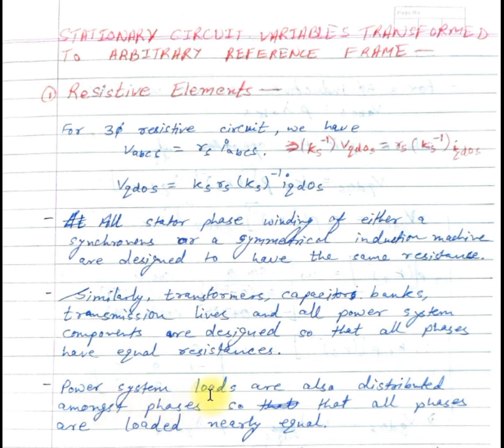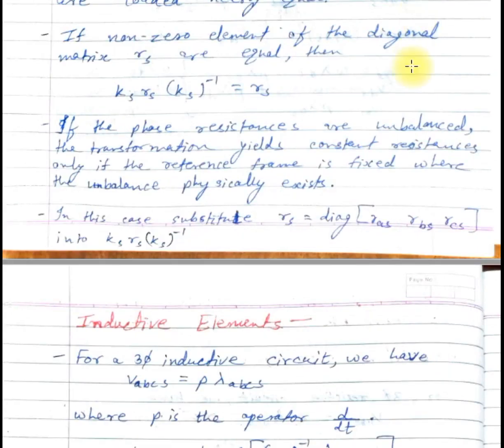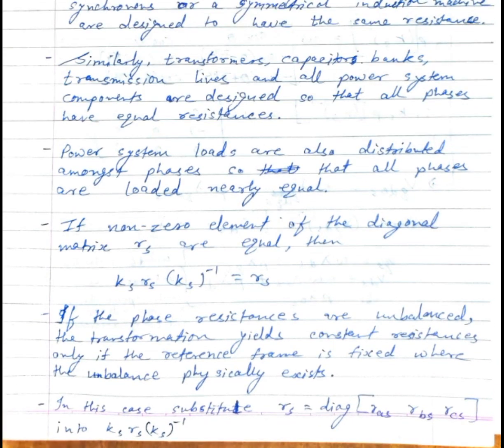The power system loads are also distributed amongst phases so that all phases are loaded nearly equally. So we have seen that we always try to keep all the loads in all the phases equal so that the power system balance is maintained.